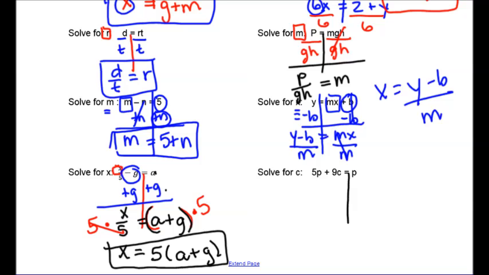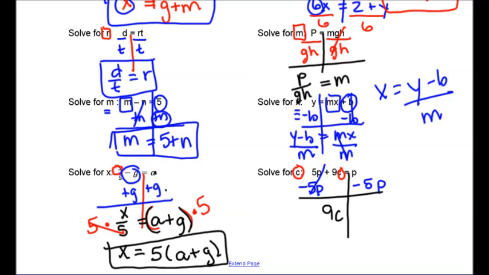All right. So for this example, we are solving for c. It's right here. So we need to get the rest of the things over to the other side of the equation. We are going to start by subtracting the 5p from both sides. Now, remember what we said. You can only combine like terms.